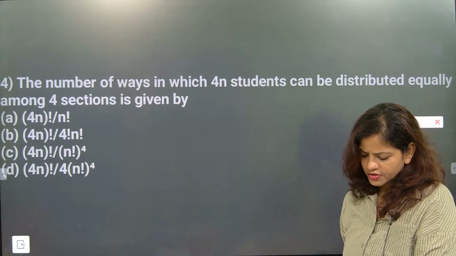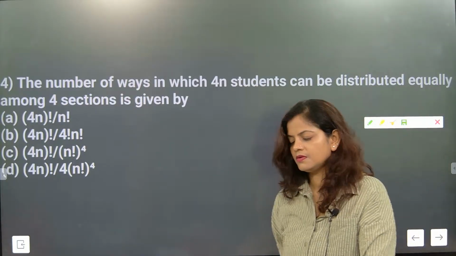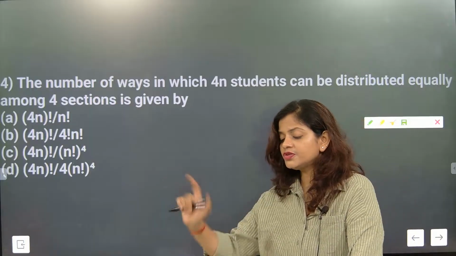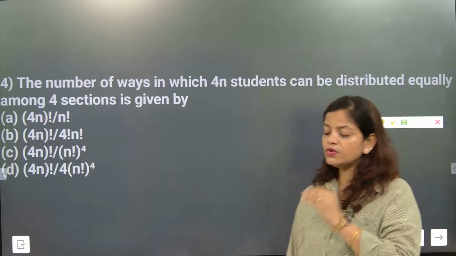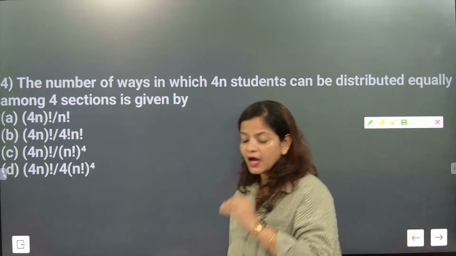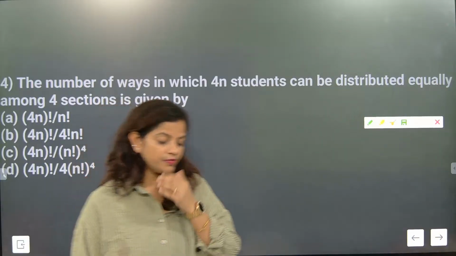How to solve this question, beta? Equal distribution, how to go for equal distribution and how to solve this question. Check this one out, beta.